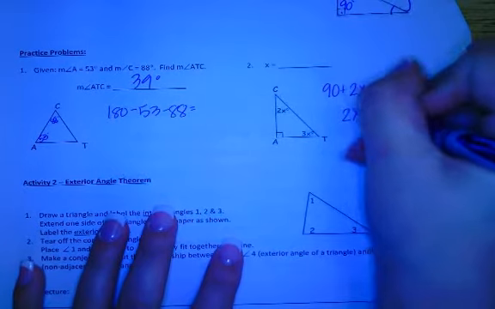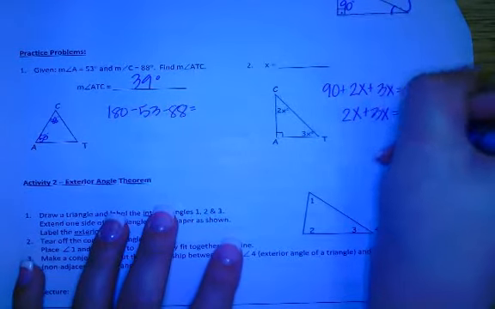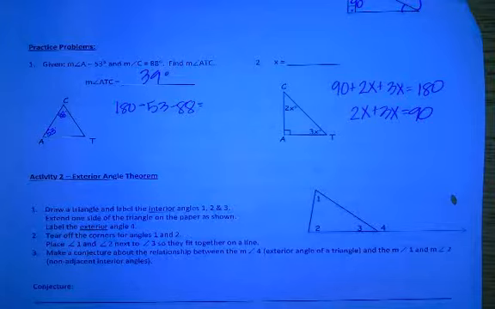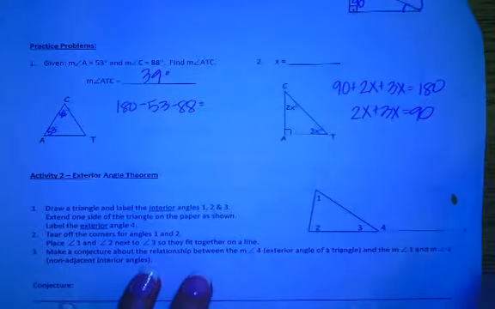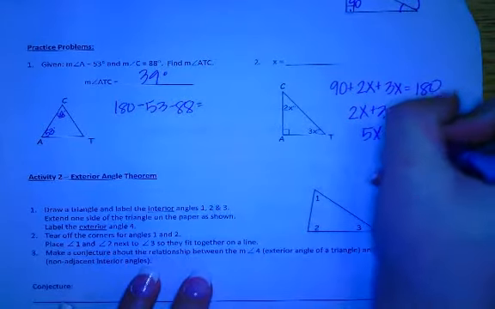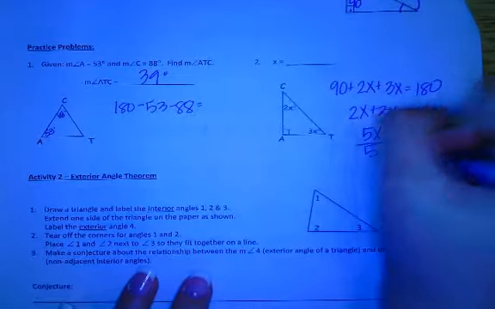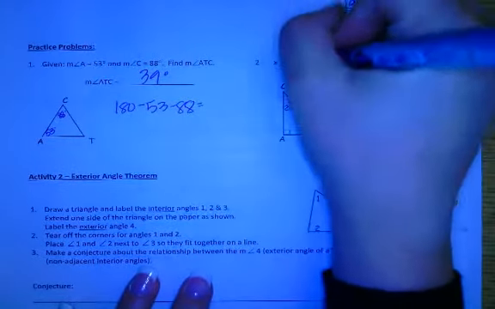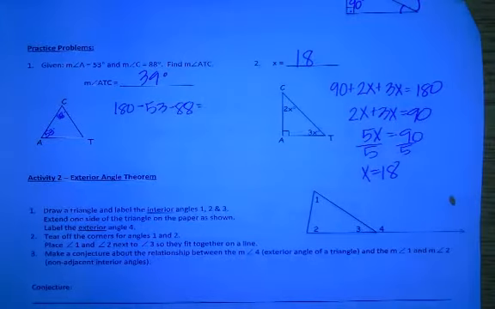When you solve the equation, you end up getting to that step, but you can start there automatically. Why? Very good, because they are complementary angles. So your acute angles of a right triangle are complementary. So you have 5x equals 90. So what does x equal? 18. Questions on 1 or 2?